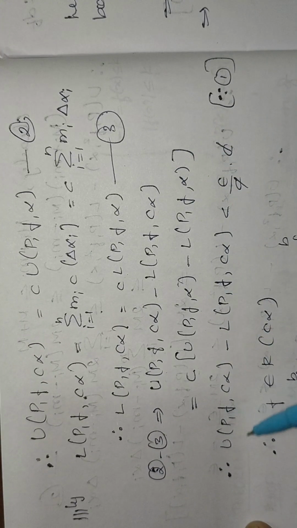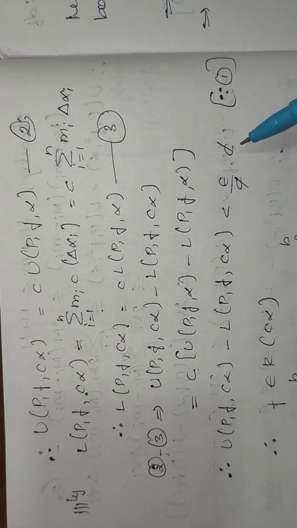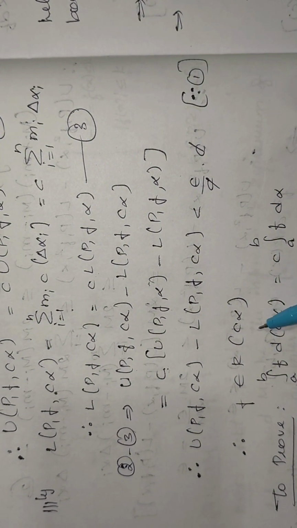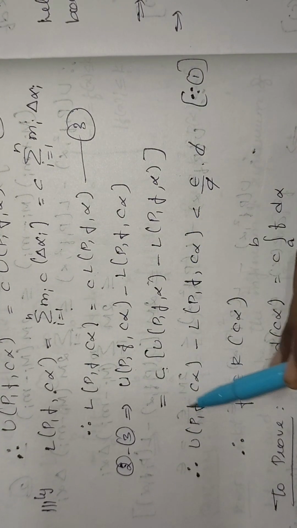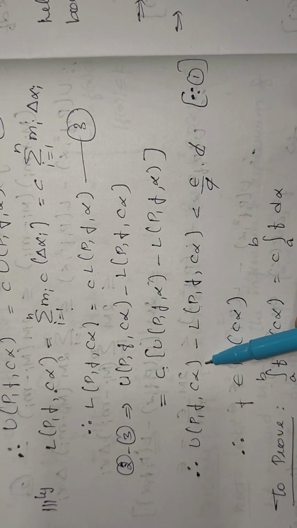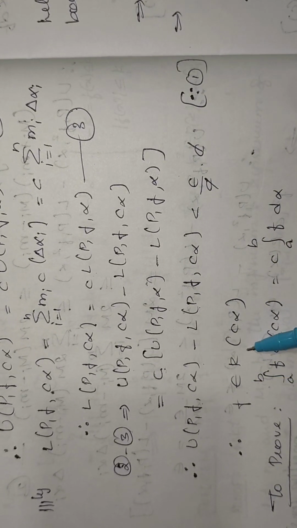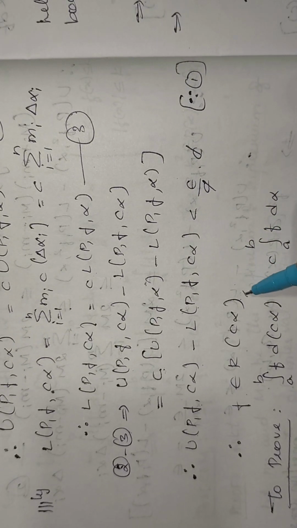So this is now less than epsilon by c into c, which is epsilon. So at last you have f belongs to R of c alpha. Why? Because the difference between the upper sum and lower sum of f with respect to c alpha is less than epsilon. Therefore, f belongs to R of c alpha. And this is all about the first part of the theorem.